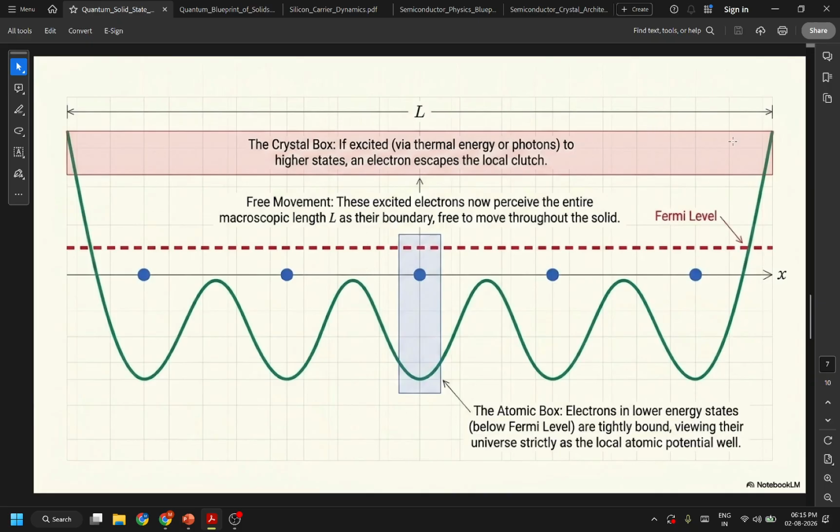Whereas the above region can be considered a crystal box, where an electron when excited to higher energy escapes the local clutch of these barriers and becomes free. So these excited electrons now perceive the entire macroscopic length as their boundary, and they are free to move throughout the solid. So for them, this is now the boundary and not this.